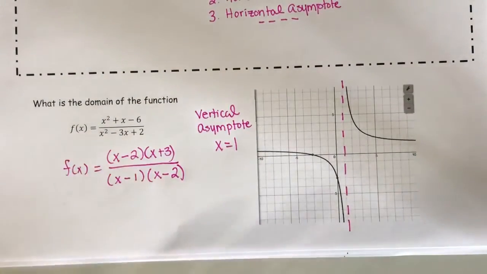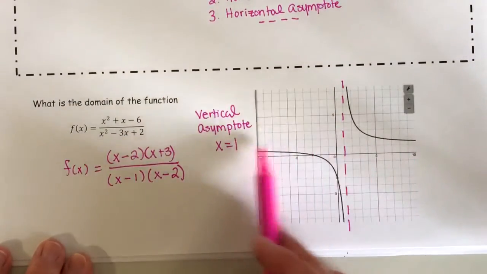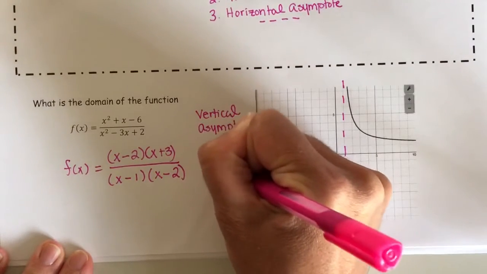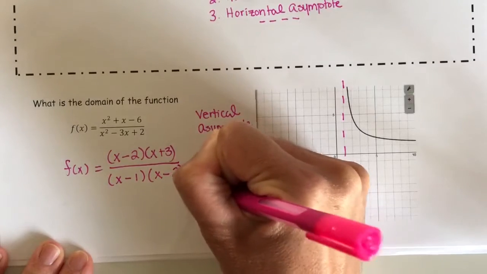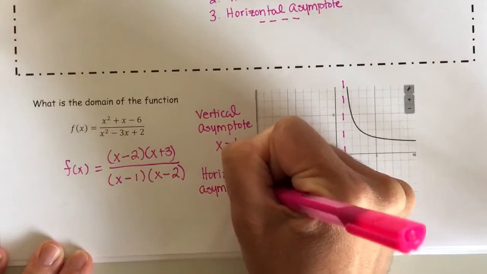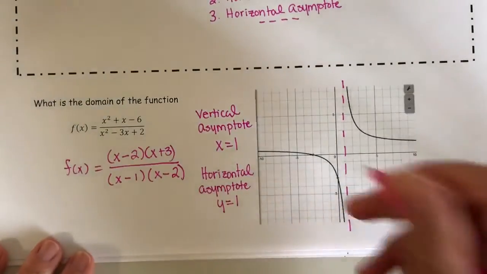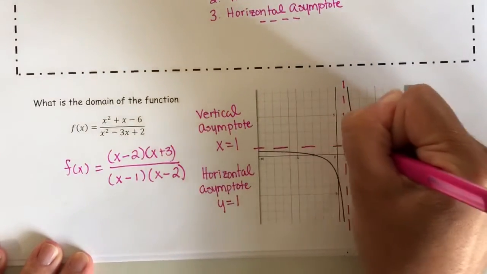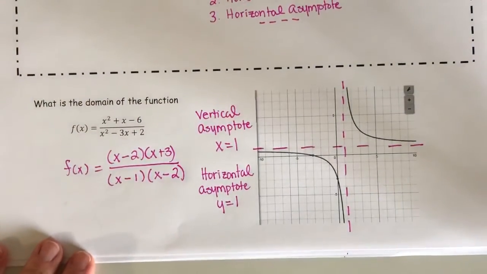Also in this graph, notice how we have a horizontal asymptote at y is equal to 1. So again, the graph does not exist at y is equal to 1. There is this imaginary horizontal line.